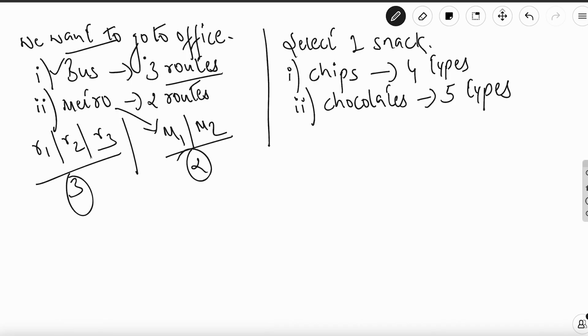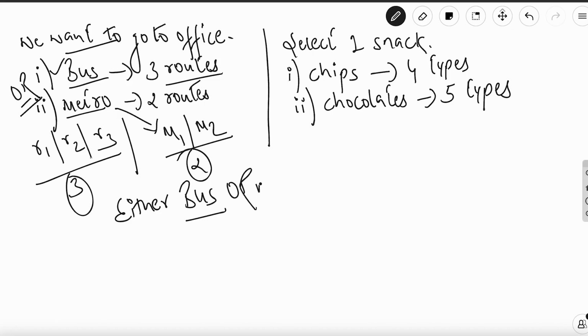Now if you notice clearly, this selection is about "or". We can go either by bus or by metro. Pay close attention here. It's either or.